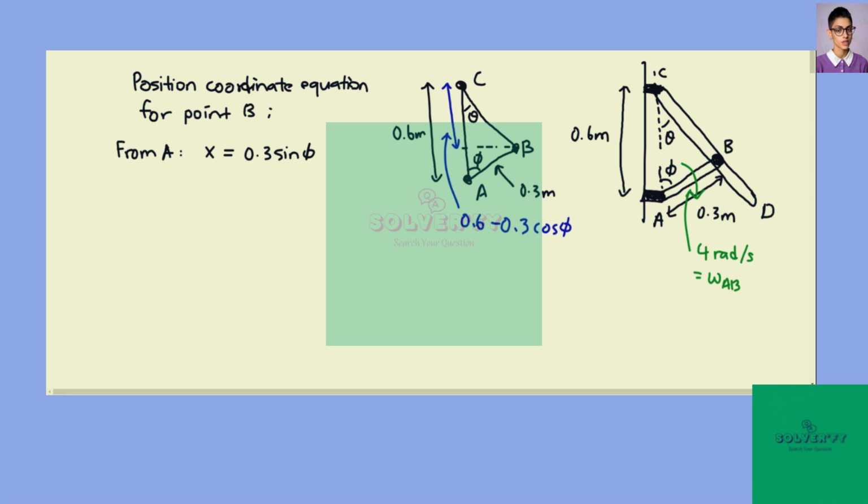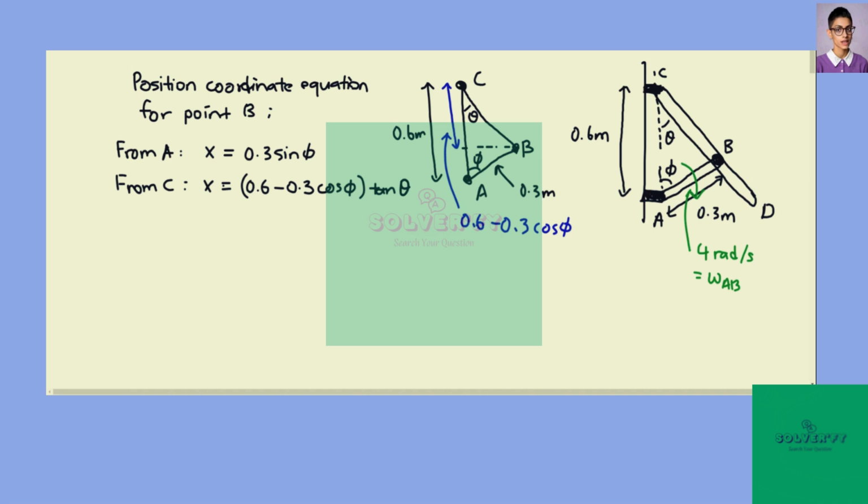And from C, we have x equals 0.6 minus 0.3 cosine phi tangent theta. The purpose is to get an equation with theta. So this is how we get one equation with theta.